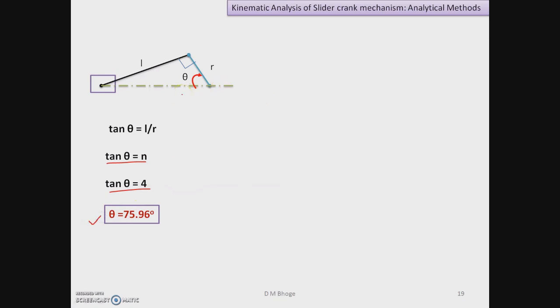So we have utilized the problem condition to determine the instantaneous displacement of crank theta with respect to IDC. The condition of problem was crank is perpendicular to the connecting rod. So from this we get a right angle triangle, and from this right angle triangle we have obtained the value of crank displacement theta with respect to IDC.